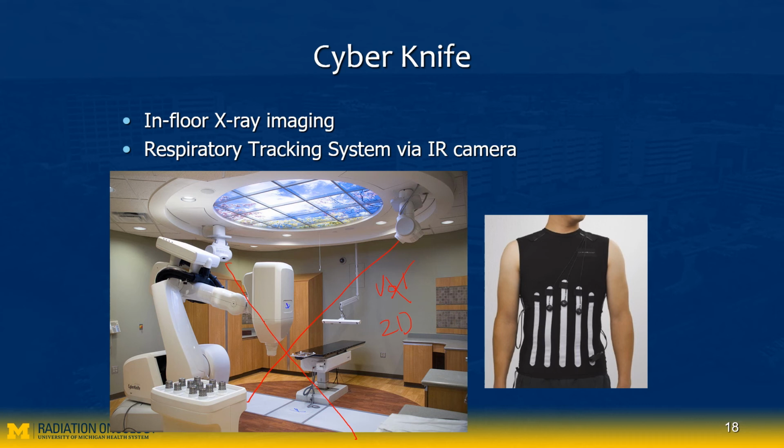Okay. So the other thing unique about this system is it has an infrared camera here that monitors this special patient vest. The patient is wearing this with a bunch of infrared reflective balls, or some sort of reflector, and then this camera monitors this motion, right?